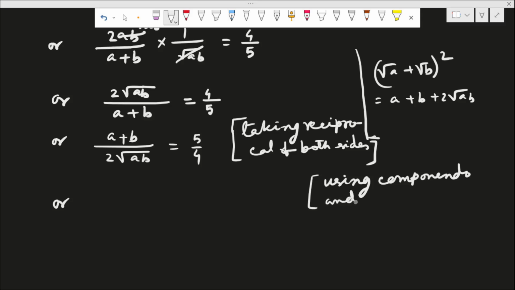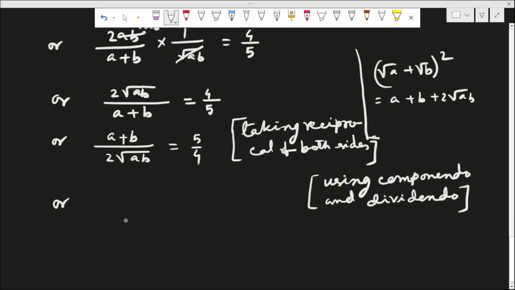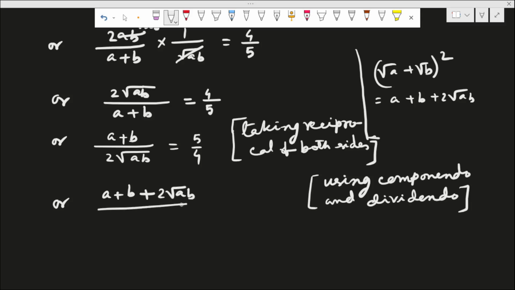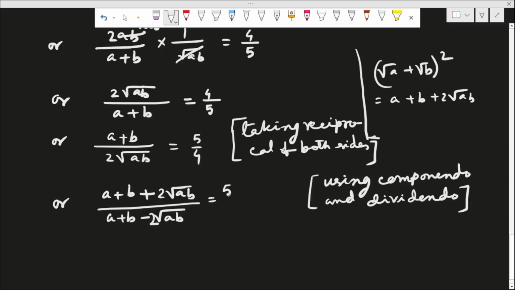What will be: A plus B, numerator plus denominator, by numerator minus denominator, that is equal to 5 plus 4 by 5 minus 4.